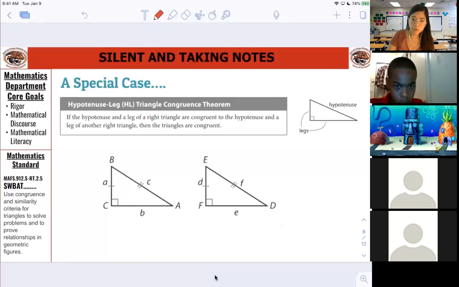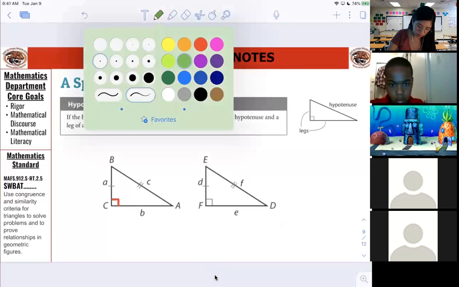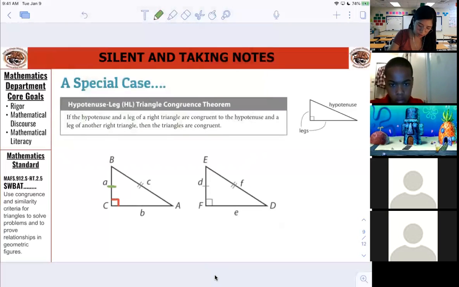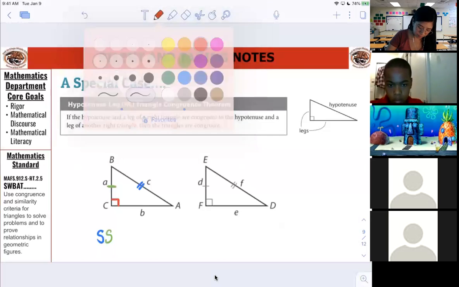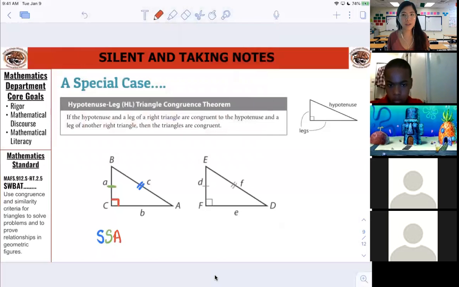Good. So notice this is a special case because here I have an angle and two sides. So in theory, technically, this is S, S, A. But hold up, I just said that SSA doesn't work, right?